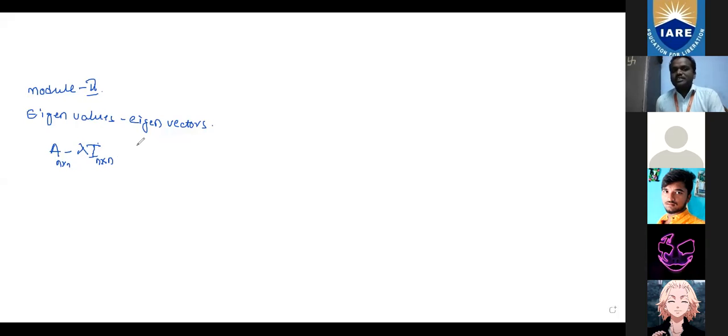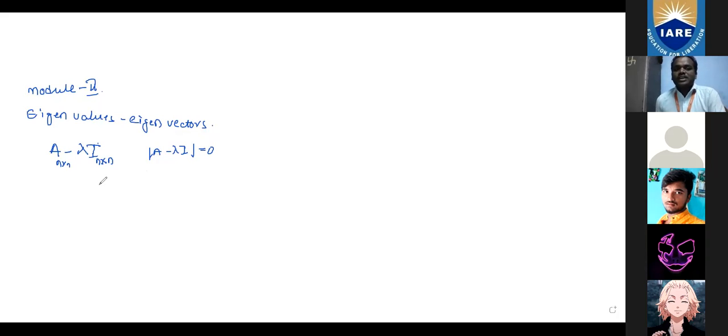The determinant of A minus lambda I is equal to 0, and this is called the characteristic equation of the given square matrix.